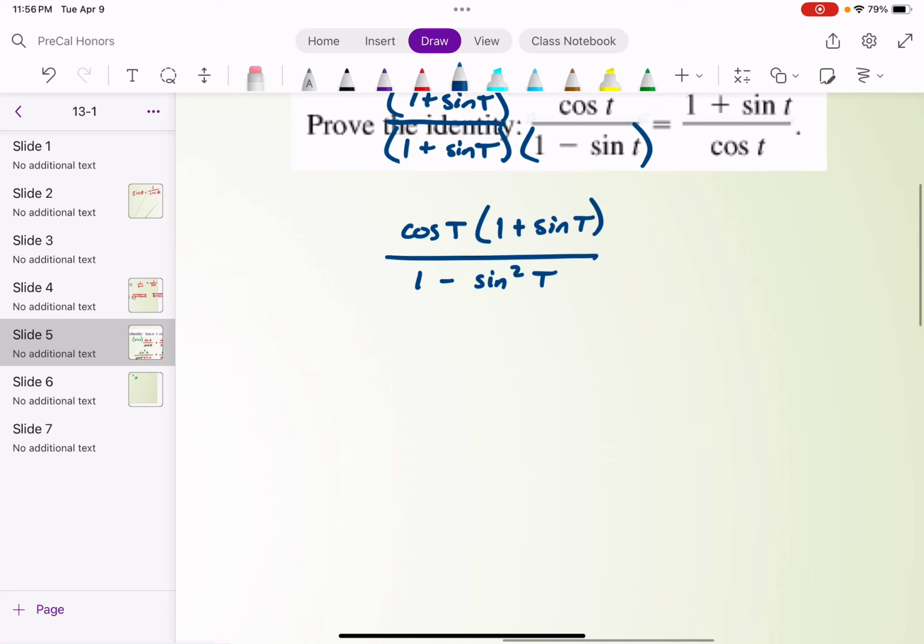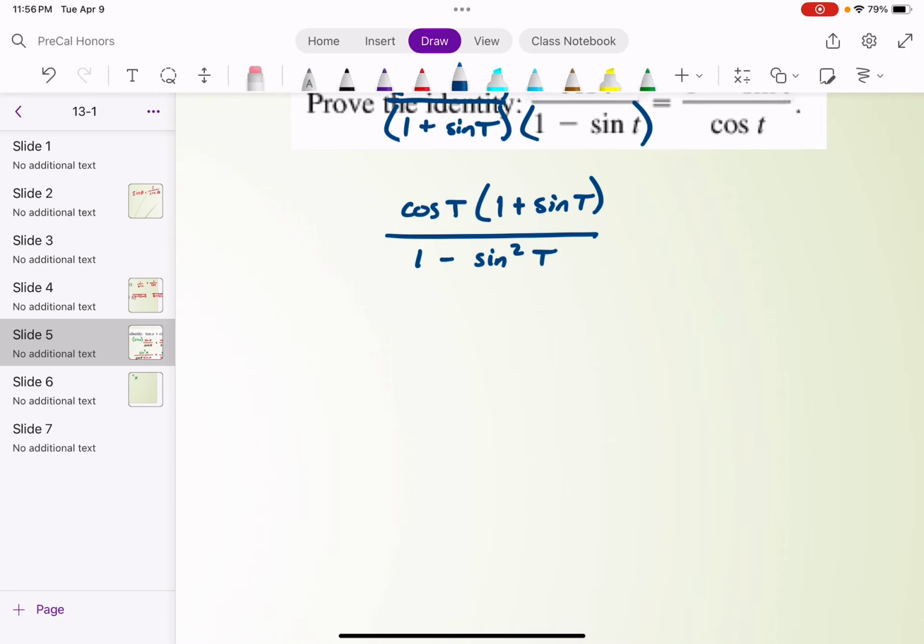From there, we're going to convert our denominator to its equivalent, which would be cosine squared t. Our numerator will remain the same for now, cosine t times 1 plus sine t.